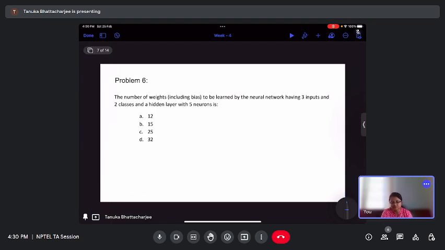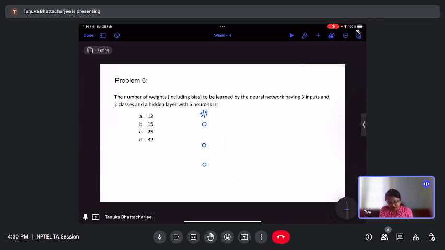Now the next one. Here you are asked the number of weights including biases to be learned by a neural network having 3 inputs and 2 classes and a hidden layer with 5 neurons. What is that number? So basically you have 3 inputs. Let's say these are the 3 inputs. This is the input layer.